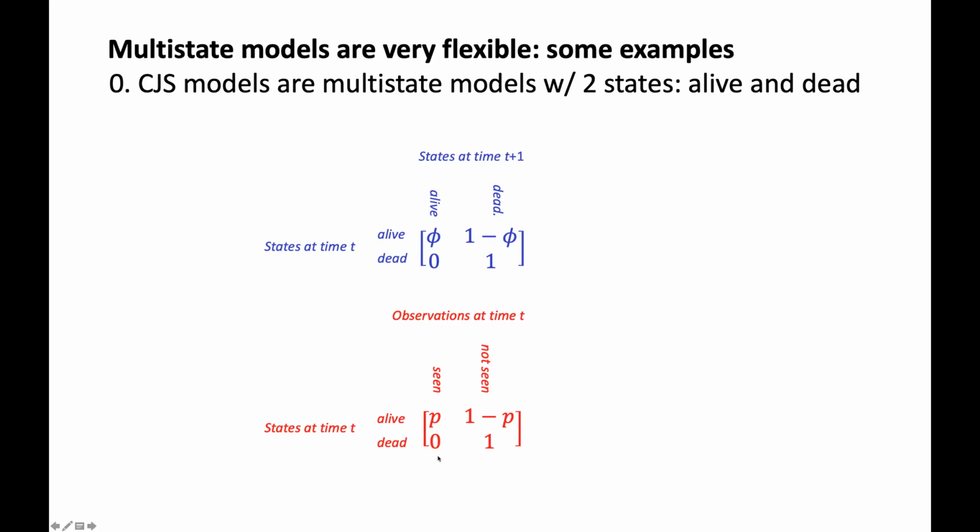And if you're dead, you're not seen for sure, so with probability 1. Okay. So it's really the formulation of the Cormack-Jolly-Seber model in the multi-state framework with the transition and the observation matrix. There is no longer any transition from site A to site B. It's just one alive state here, right?